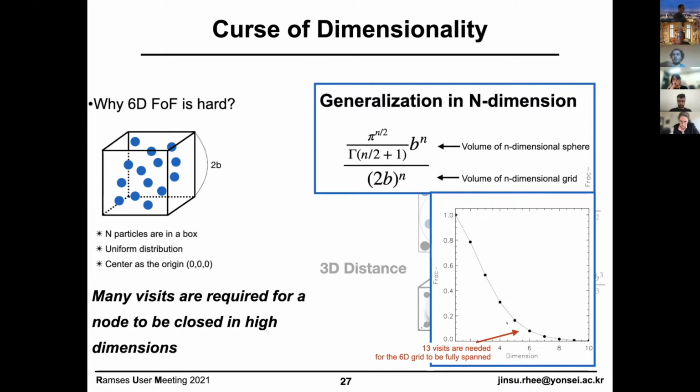For the 6D case, the fraction is about 0.08, which means only 13 spheres are required to fully cover the hypercubic 6-dimensional grid. Thus, in higher dimensions, many visits are required for a node to be fully connected, or for a node to be closed.